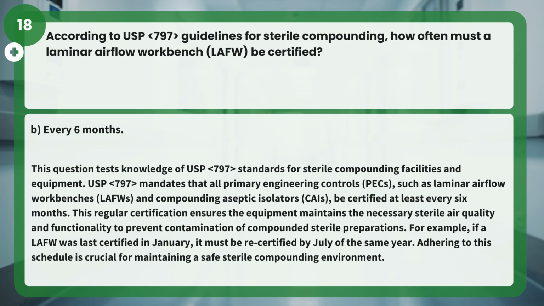This regular certification ensures the equipment maintains the necessary sterile air quality and functionality to prevent contamination of compounded sterile preparations. For example, if a LAFW was last certified in January, it must be recertified by July of the same year. Adhering to this schedule is crucial for maintaining a safe sterile compounding environment.